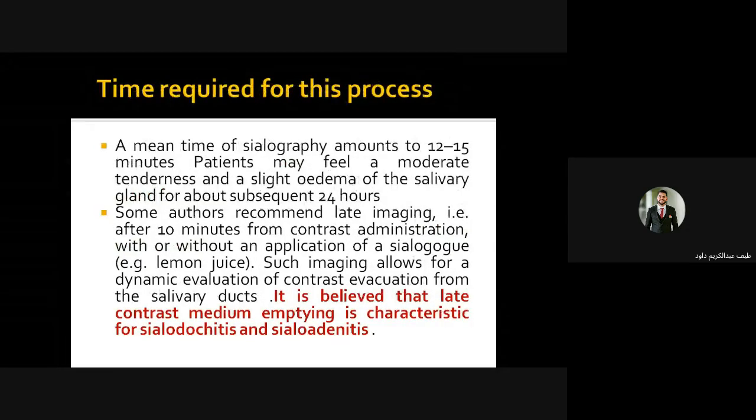The time required for sialography is about 15 minutes, until the patient may feel moderate tenderness or slight edema of the salivary gland. You have to take the X-ray after 10 minutes and allow for dynamic evaluation of the contrast media.